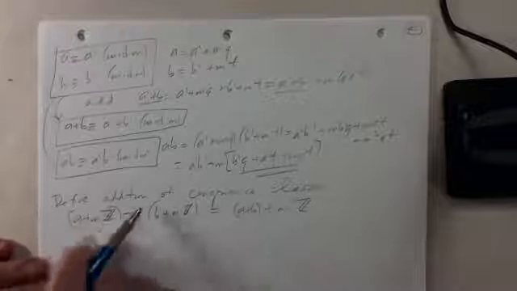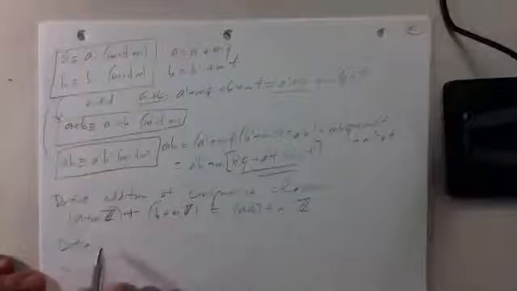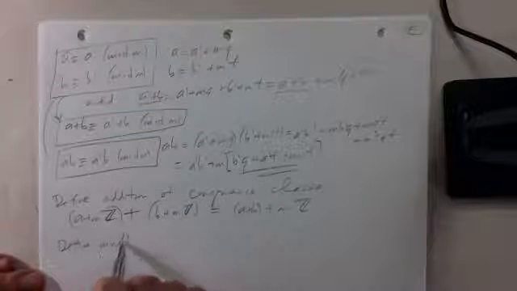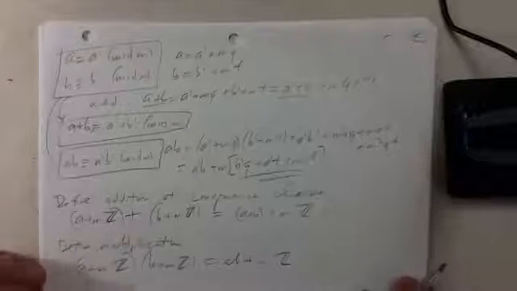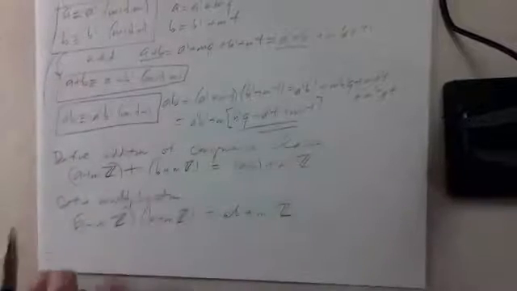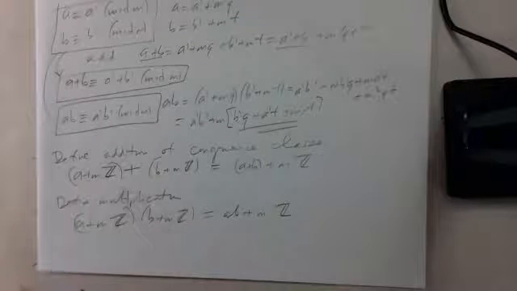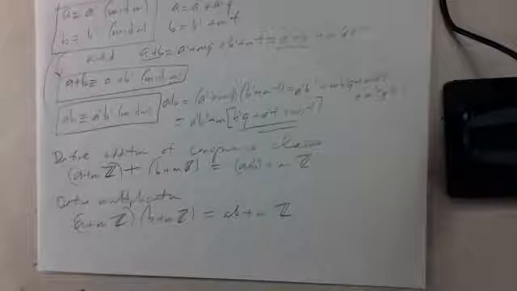And we can define multiplication: a plus mZ times b plus mZ is ab plus mZ. And you can check in the notes or in the lecture I posted, or it follows from exactly the calculation here, that this is well defined. It doesn't matter what choice of representatives of the congruence class you take.